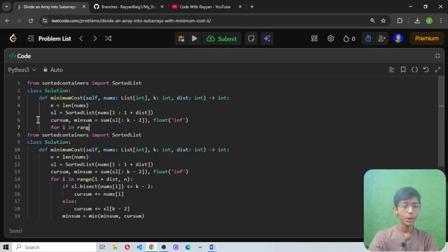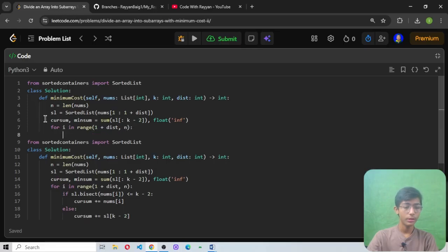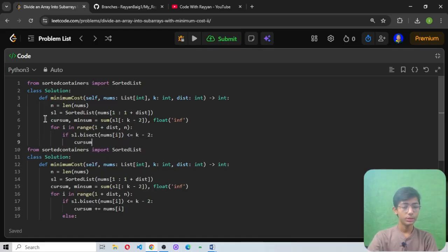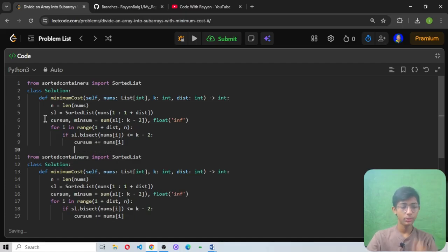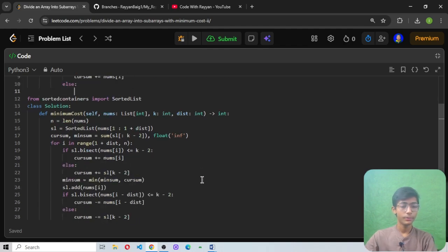for i in range(1 + dist, n): if sl.bisect(nums[i]) is less than or equal to k minus 2, curSum plus equals nums[i], else curSum plus equals sl[k minus 2].